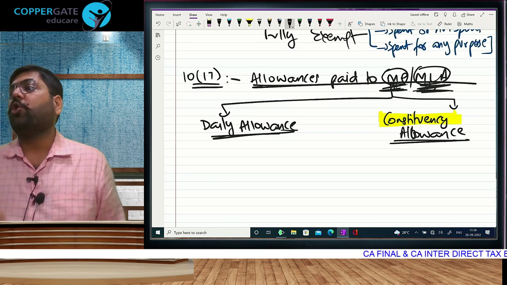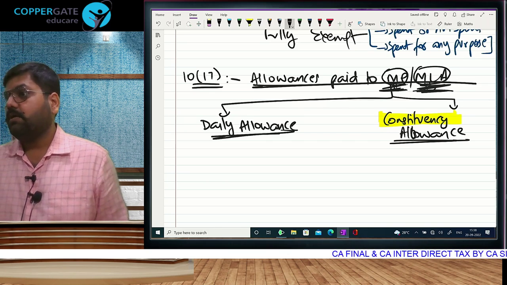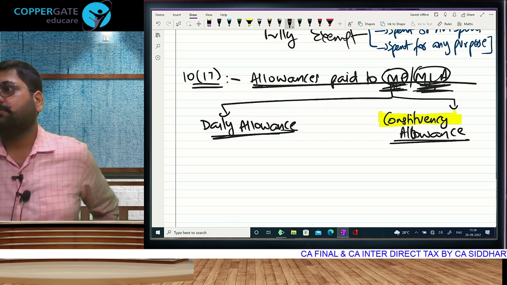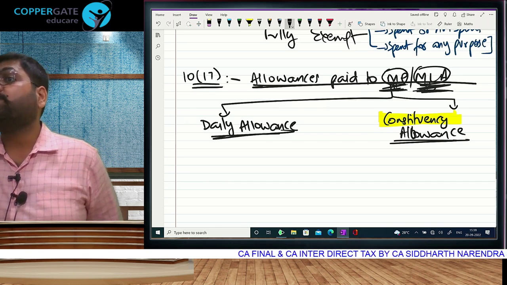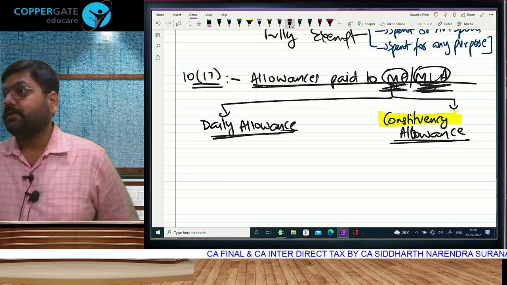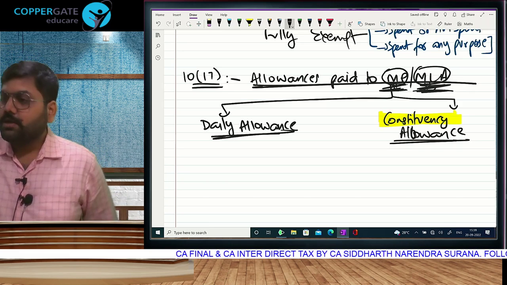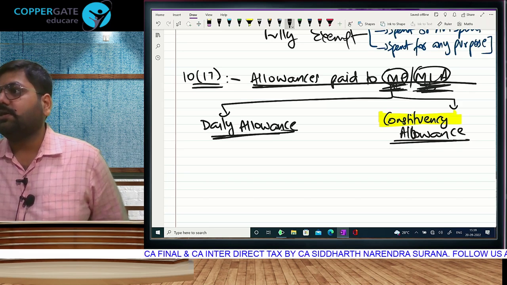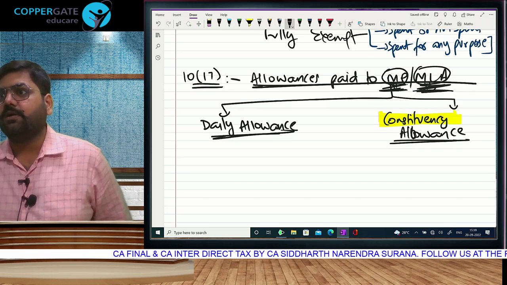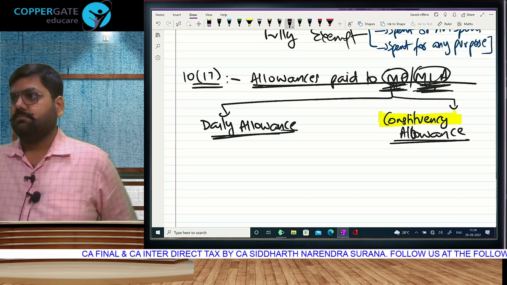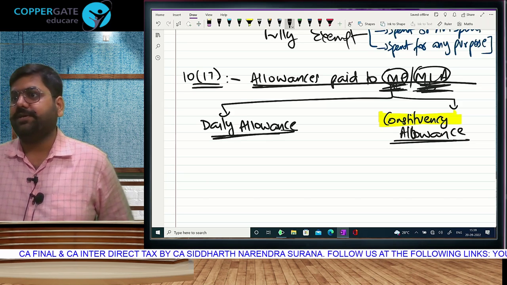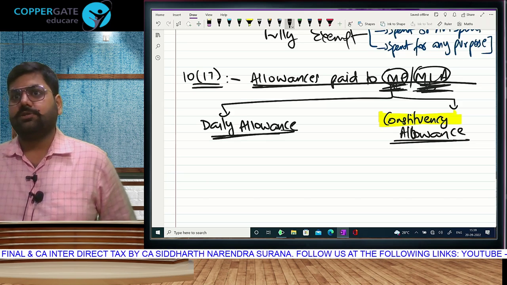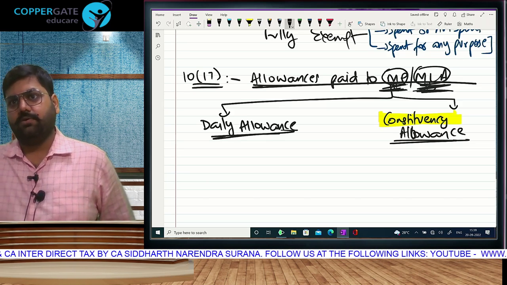Constituency is that geographical area where you won the election, the place from where you are coming after winning elections. For example, South Mumbai is the Lok Sabha constituency of Mr. Arvind Sawant. North Mumbai is the Lok Sabha constituency of Mr. Gopal Shetty. Or Thane is the Lok Sabha constituency of Shrikant Shinde or Rajan Vichare.